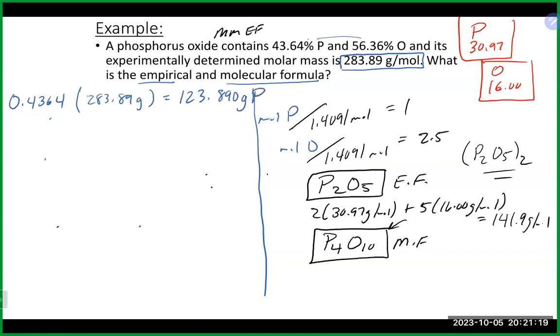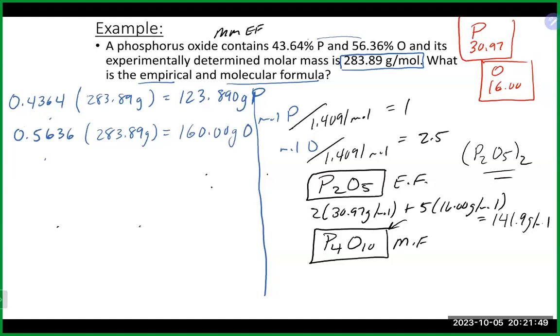I could do the exact same thing here for my oxygen, convert that into a decimal, 0.5636 times the molar mass of the molecular formula or the actual compound. And that will tell me in terms of grams of oxygen, out of that 283.89, I got about 160 grams of oxygen. Any questions on that so far?